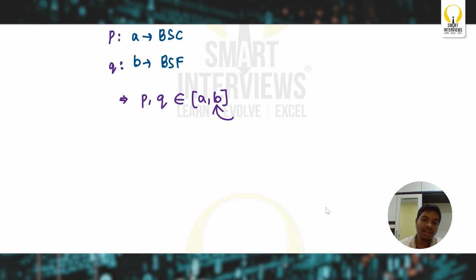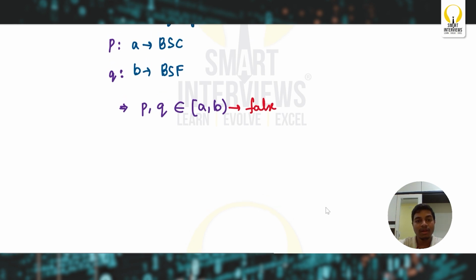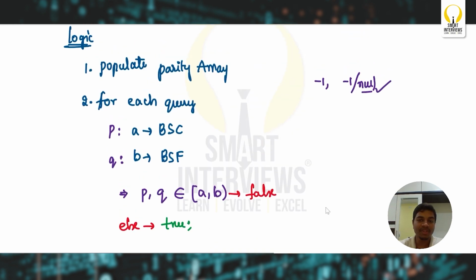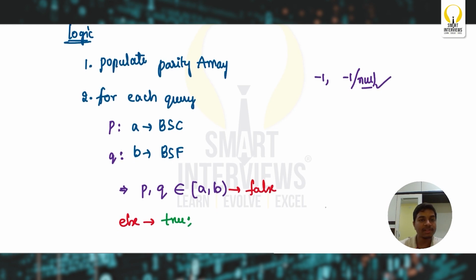So can I just simply say this belongs to the range of A comma B? If this belongs to the range of A comma B, what I'm supposed to do? Simply add false to my answer. But what if that doesn't exist? Else, just add true to my answer. I hope that is making sense for everyone.